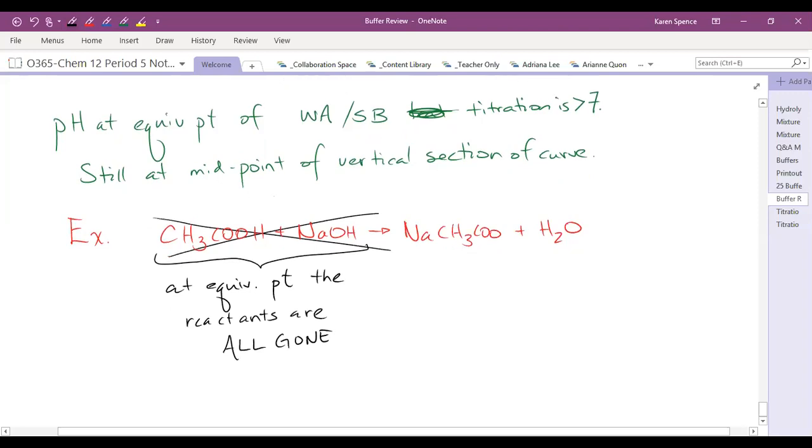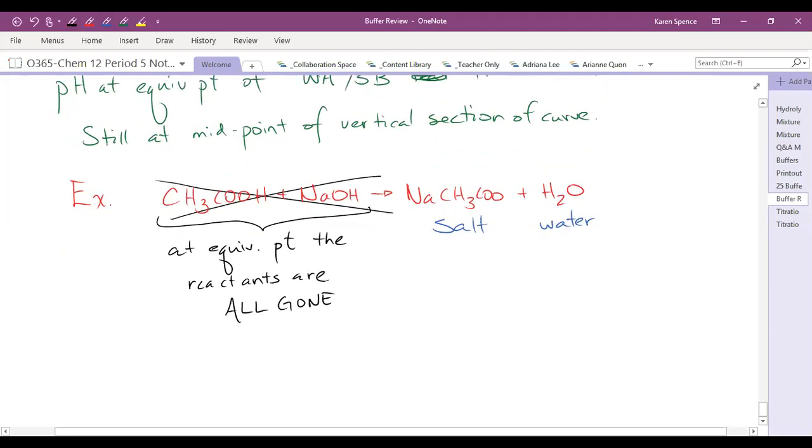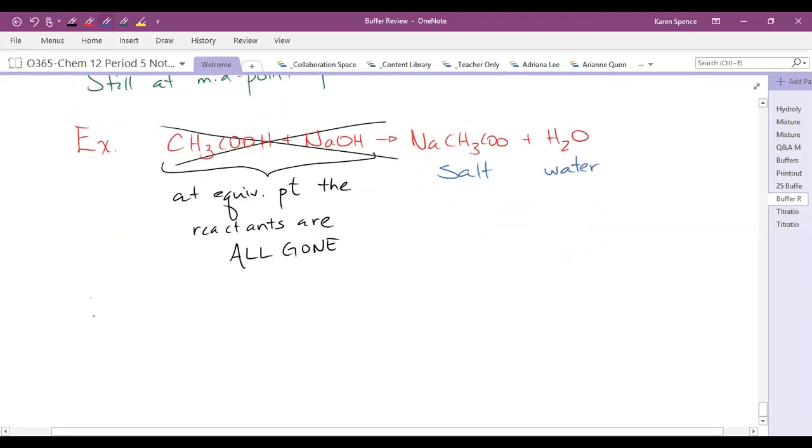What do I have left? At the equivalence point, what are the only two things that are in the beaker then? The salt and the water, okay? So we have our salt and we have water. What can happen? Not always, but what can happen when a salt is dissolved in water?